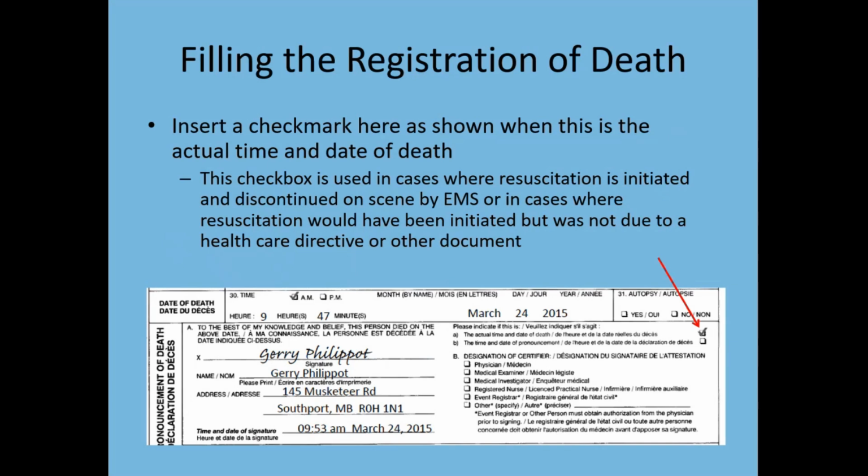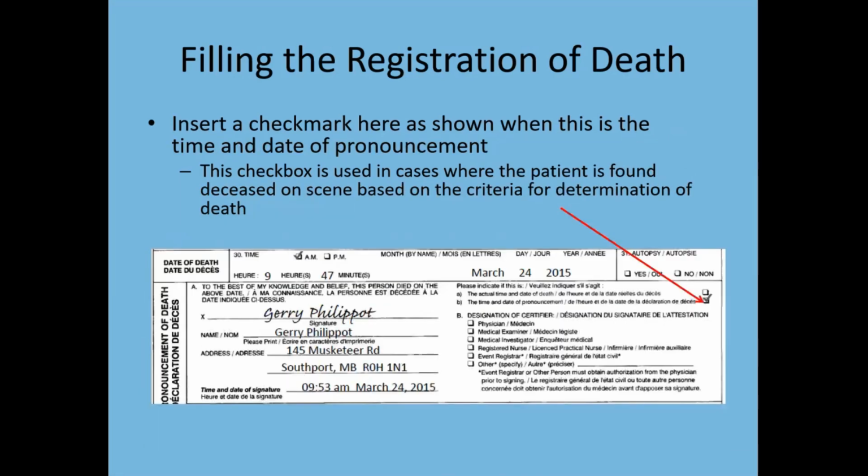This checkbox is used in cases where resuscitation is initiated and discontinued on scene by EMS, or in cases where resuscitation would have been initiated but was not due to a healthcare directive or other document. Insert a check mark here as shown when this is the time and date of pronouncement. This checkbox is used in cases where the patient is found deceased on scene based on the criteria for determination of death.